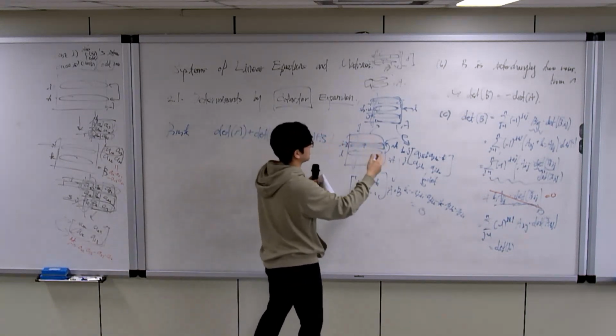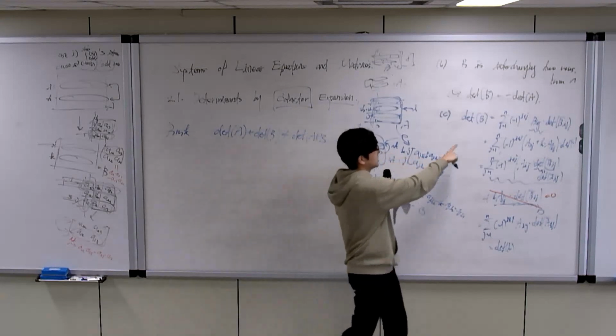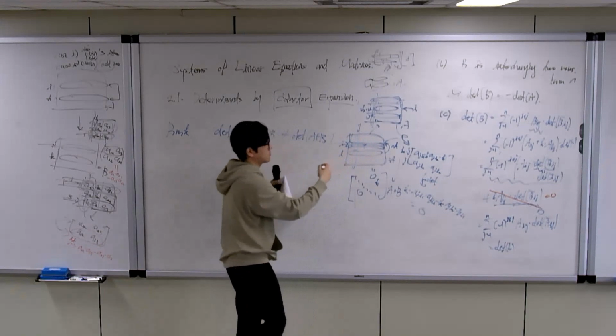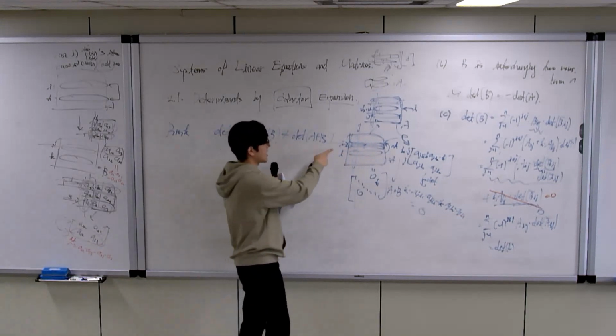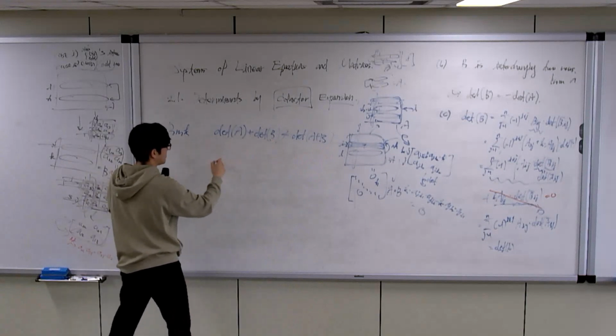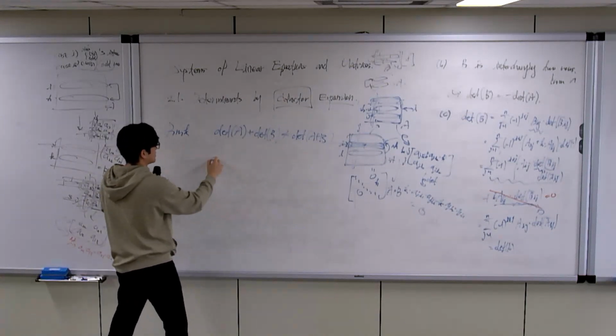We see the matrix A plus B. In this case, it has the same entries except the ith row. In this case, it will be written as a determinant.